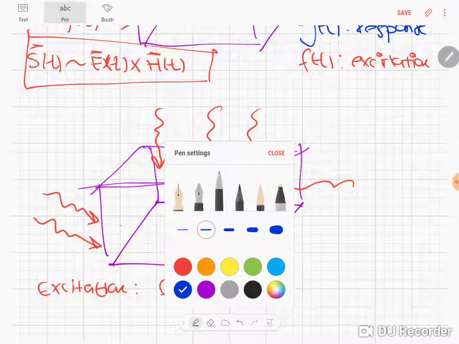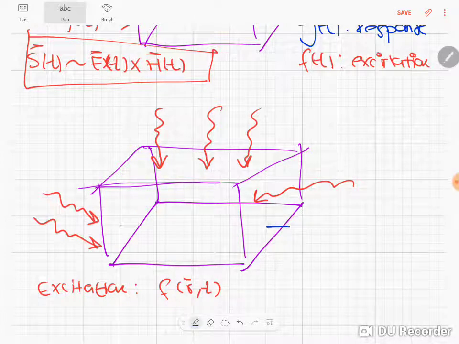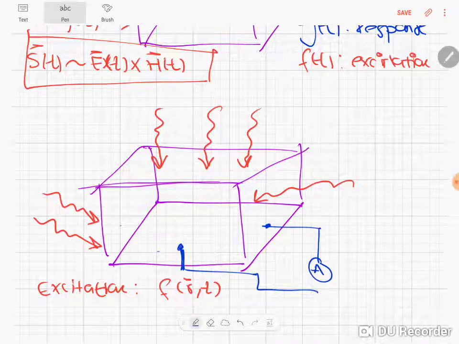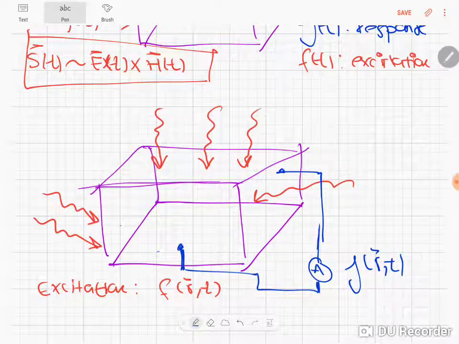And then the current. So what will happen to the current, depending on where you put the probe? If you put the probe here, between here and just let's say some neutral point in the material, the current going through there is going to be J of r, t, where r is just the point where you put the probe, because you can put this probe anywhere you like. So let's say you put the probe here, then there will be a different coordinate r.